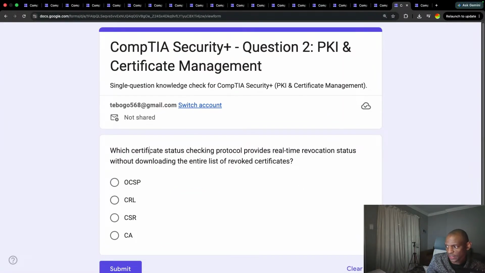You look at the question, they're saying: which certificate status checking protocol provides real-time revocation status without downloading the entire list of revoked certificates? So they want something that provides real-time status, which is this one, OCSP.